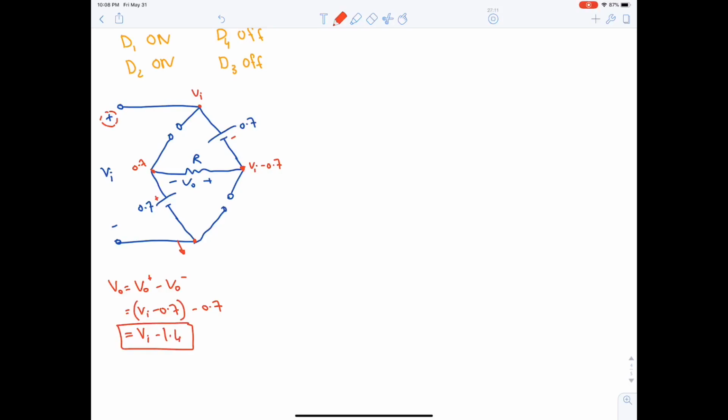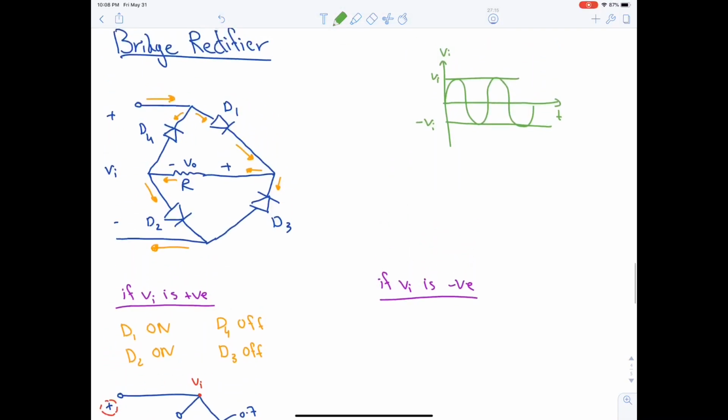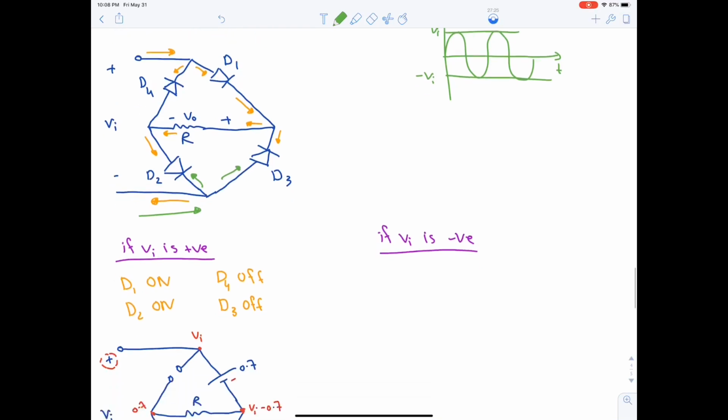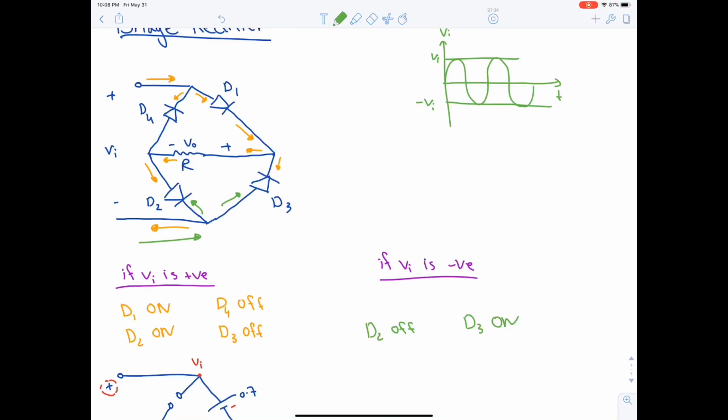Okay. Doing the other case, the current is flowing in the opposite direction. D2 is off, hence open circuit. The current will not flow from this channel. Current will only continue from here. So D2 is off. D3 is on. Okay. Current will flow in this direction and this direction.